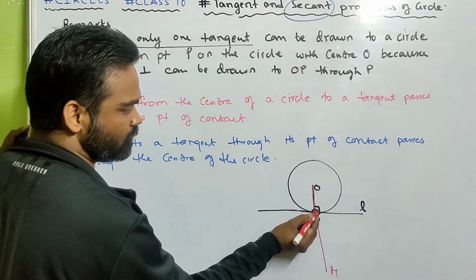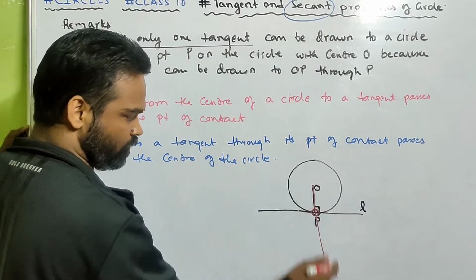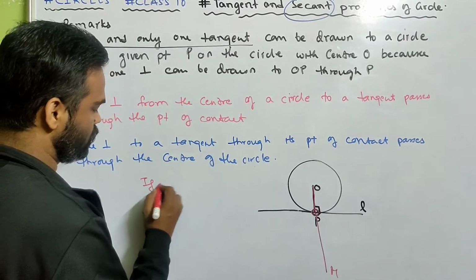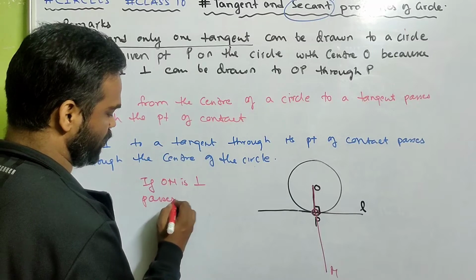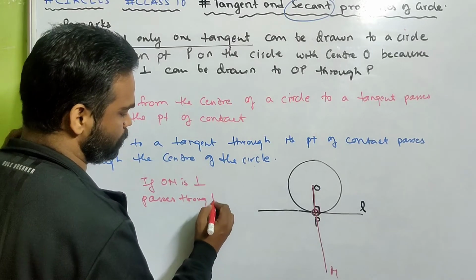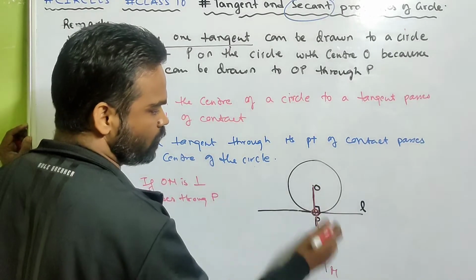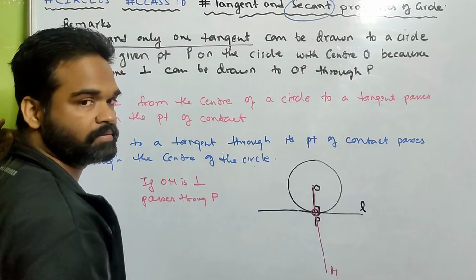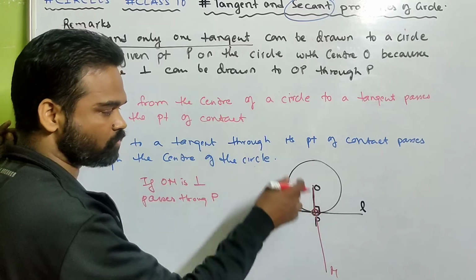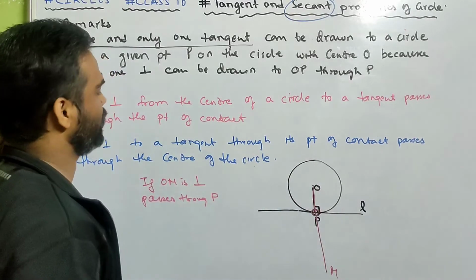This is the point of contact. So if OM is perpendicular, then it passes through P. This OM will not pass through some other point. The perpendicular will always pass through the point of contact.